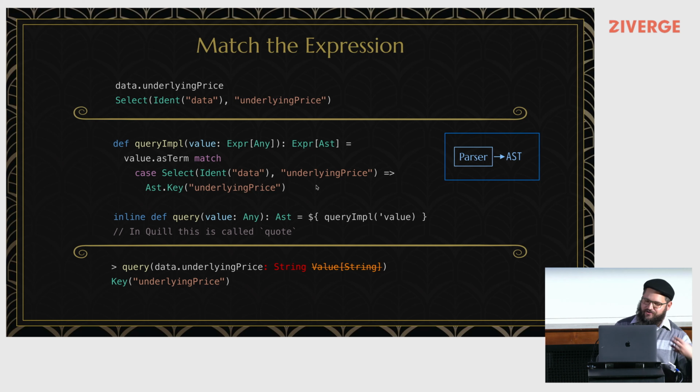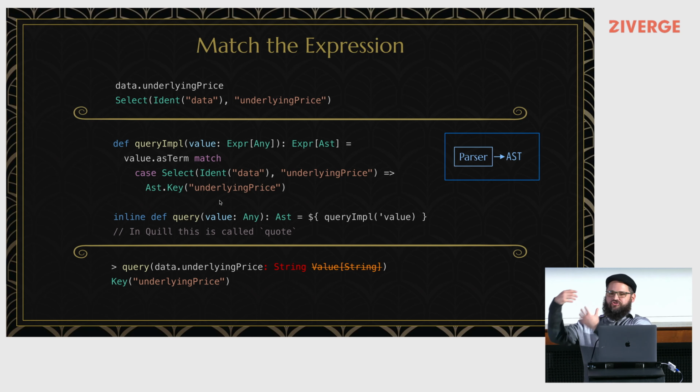I know the pattern of data dot underlying price because I know that's my business domain. And then I know what to do with that. I have this thing called key in my grammar that then yields underlying price.